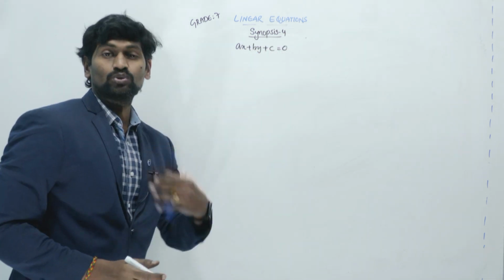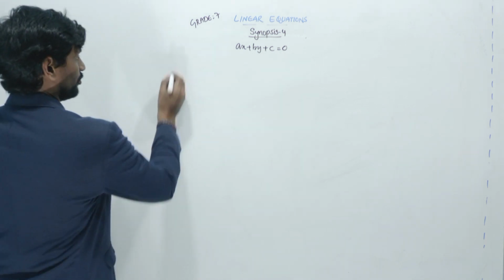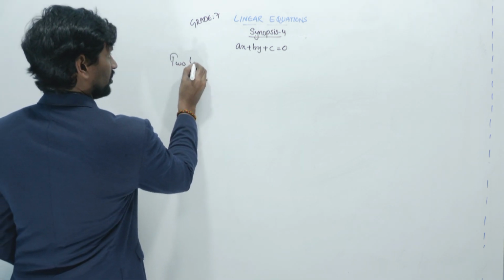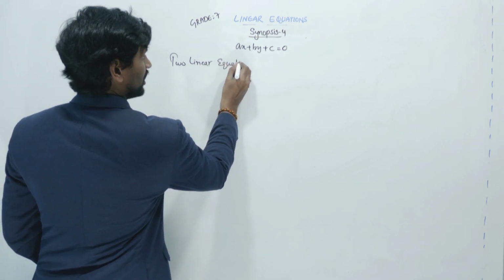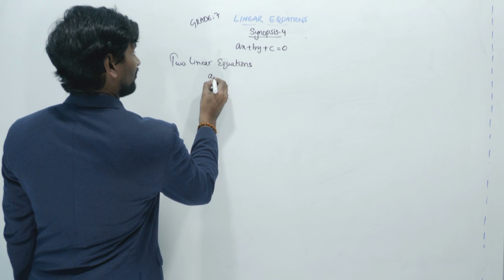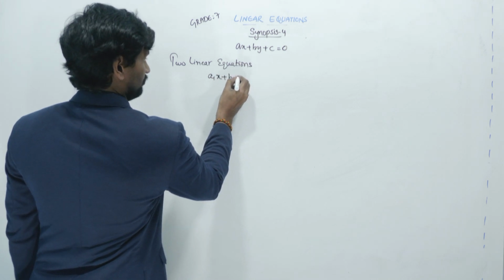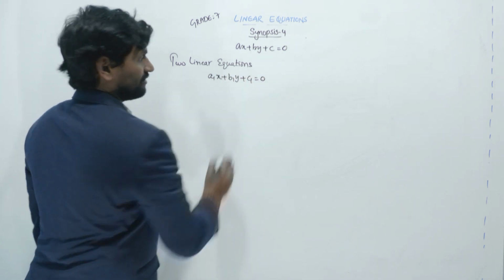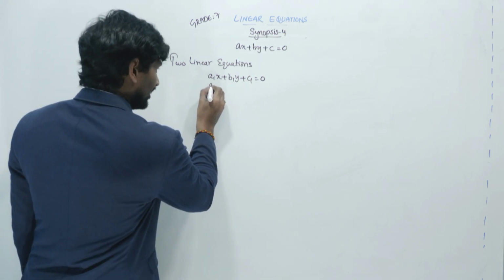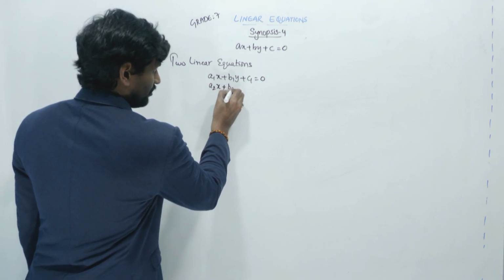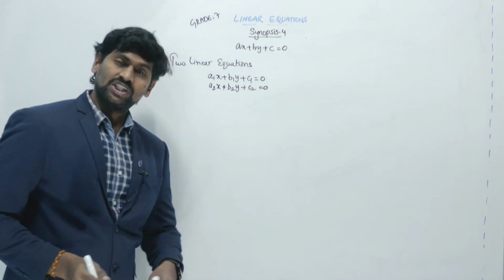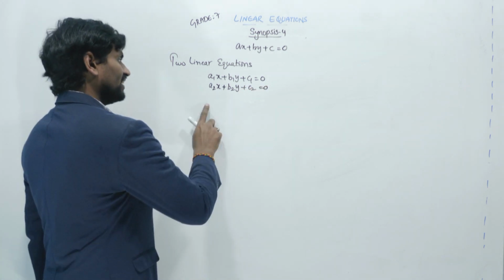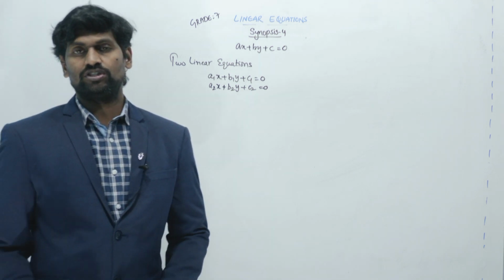Now when you take two linear equations, we represent them through the general form: a1x plus b1y plus c1 equals 0, and the second linear equation a2x plus b2y plus c2 equals 0. We can have a third linear equation also, a3x plus b3y plus c3 equals 0.